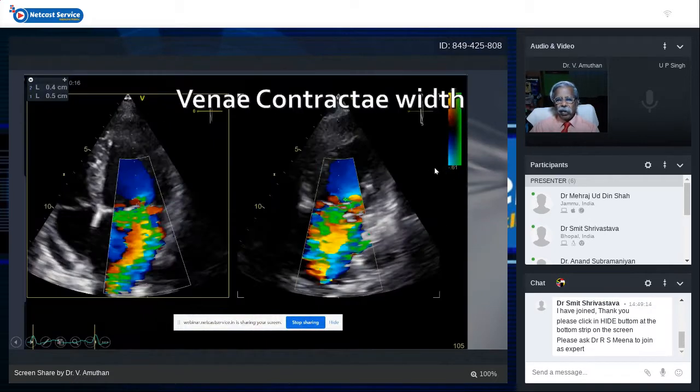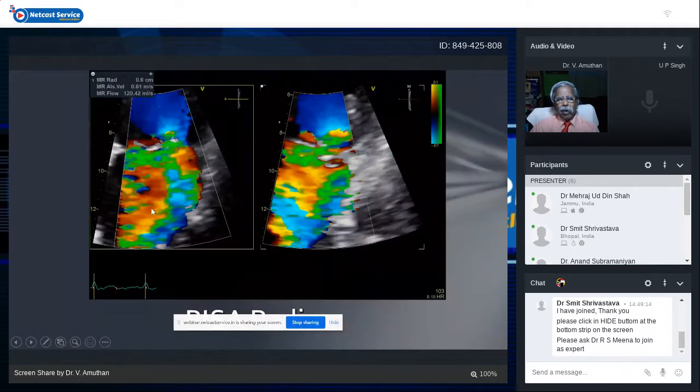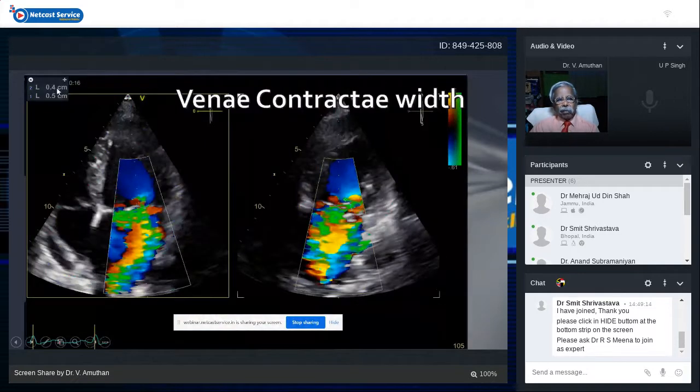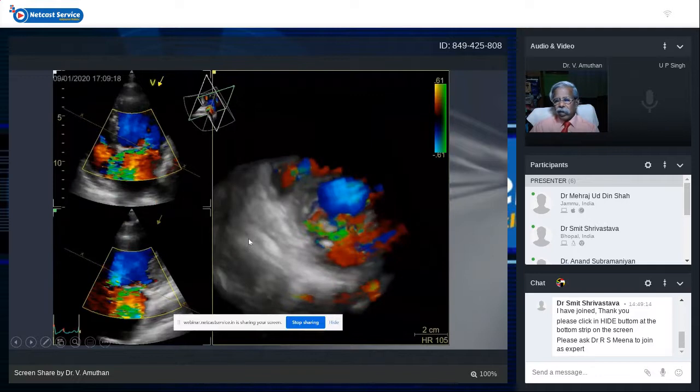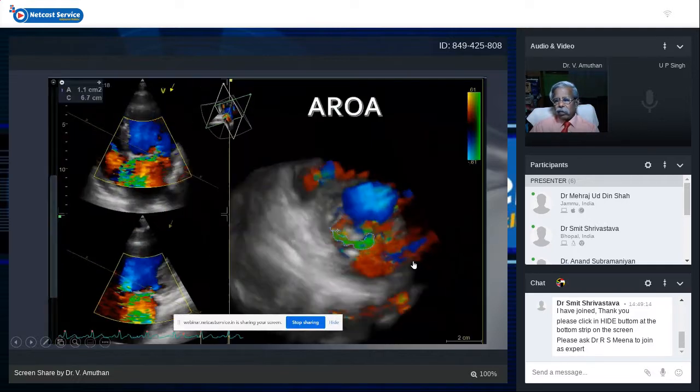The vena contracta width can be measured here. This is 0.5 and 0.4. This is the 2-chamber plane, this is the 4-chamber plane. It measures the vena contracta differently. And this is the anatomical regurgitant orifice area, which is 1.1, clearly abnormal.